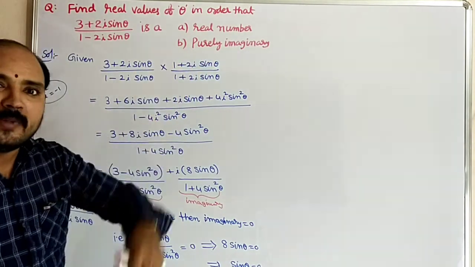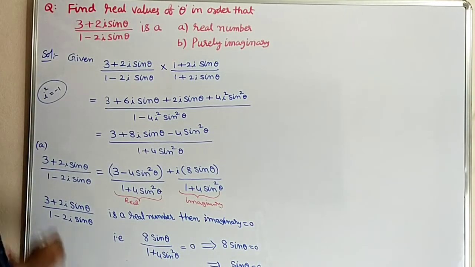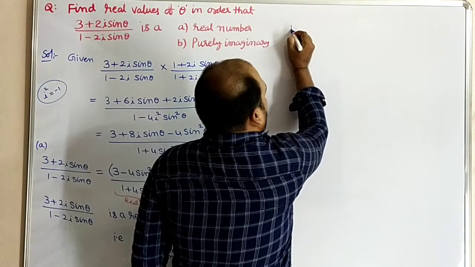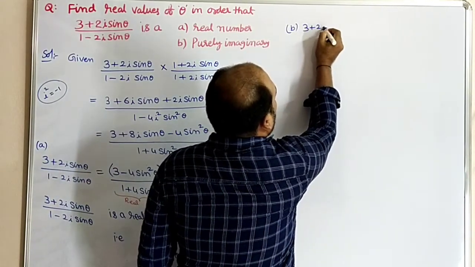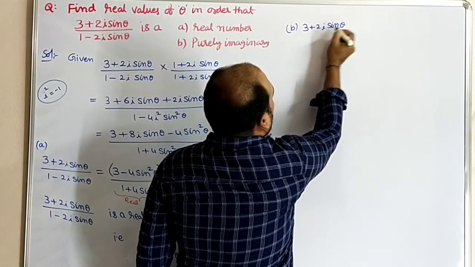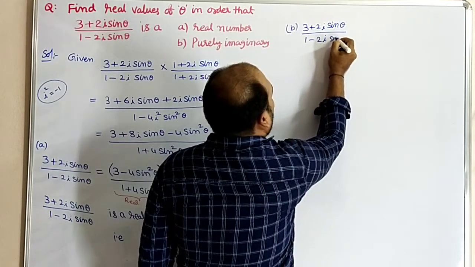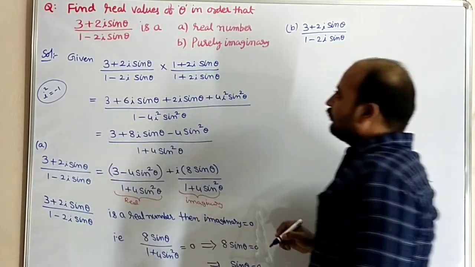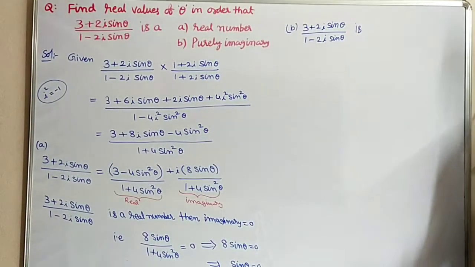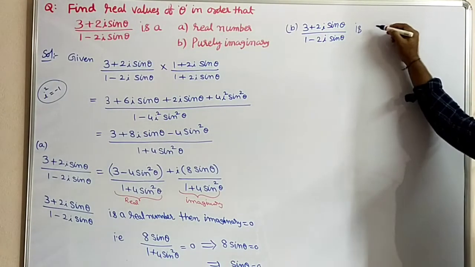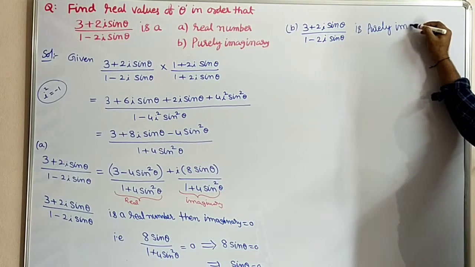If it is purely imaginary, that means this given complex number, this is the a part. We'll come to the b part. 3 plus 2i sin theta divided by 1 minus 2i sin theta is purely imaginary.